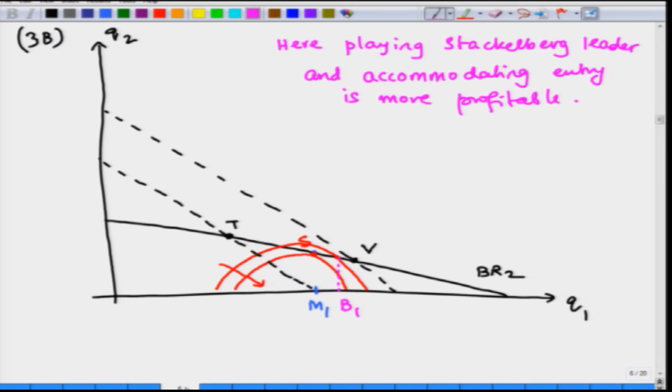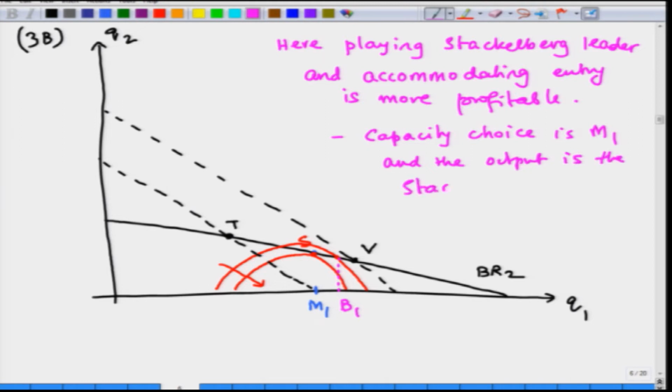So, in this case the capacity choice is M1 and the output is the Stackelberg level of output, right.